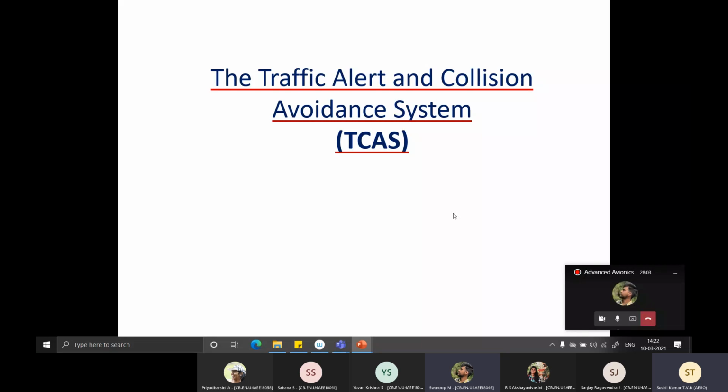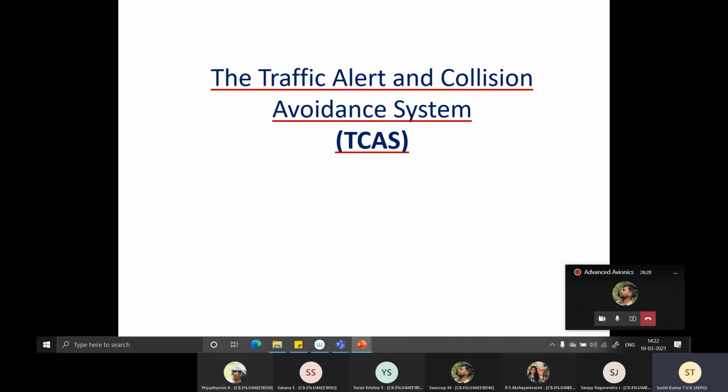Sir, but if a friendly plane decides not to reply? No, we are talking about cooperative systems. All are friendly, equally friendly. It's not up to the pilot to choose whether the transponder is going to reply or not. He has no control.